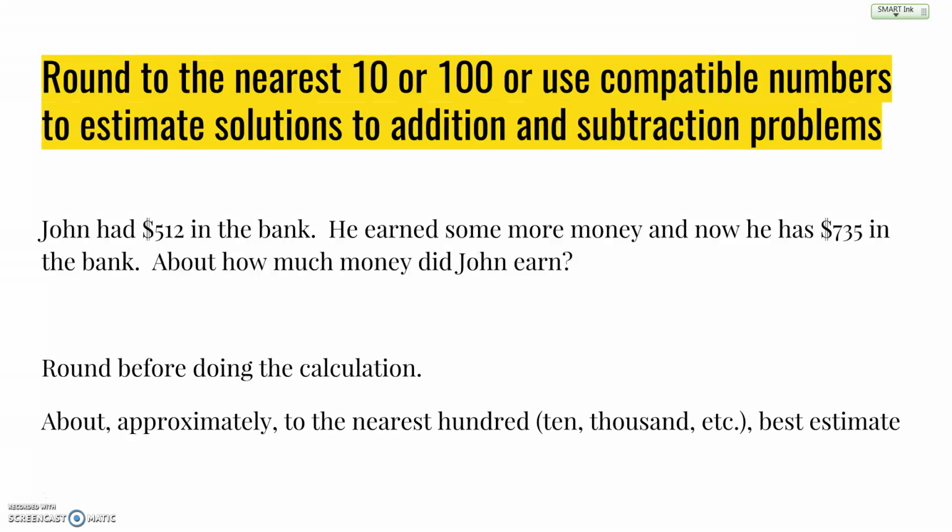It's approximately how much he earned. And so we want the students to round the numbers before doing the calculation. And when they see things like the word about or approximately or to the nearest 10 or nearest 100 or nearest 10,000 or the words best estimate, then that clues them into the fact that they're looking for a good estimate. They're not looking for the exact amount.